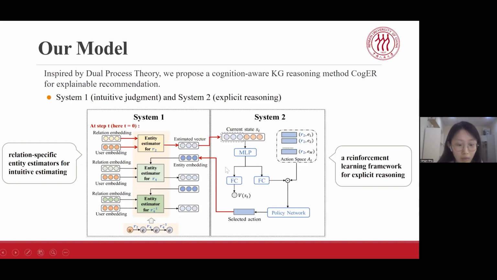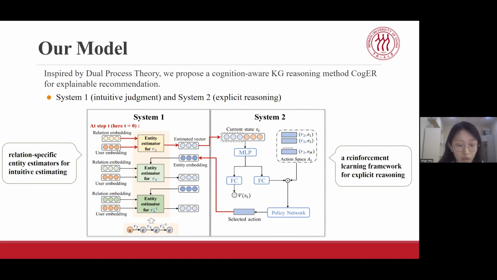Inspired by dual process theory, here's the overall structure of our model. At each step during reasoning, system 1 is a relation-specific entity estimator for intuitive estimating. And system 2 is a reinforcement learning framework for explicit reasoning. System 1 generates the estimated vector of the next hop entity and passes it into system 2.